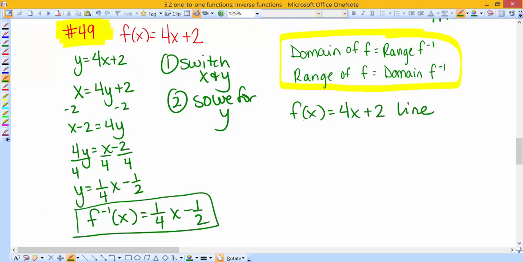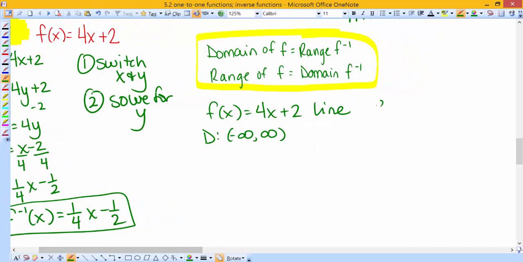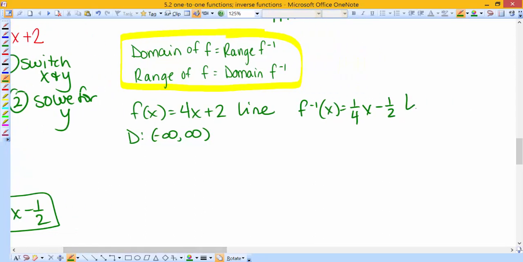This is a line, which means your domain is negative infinity to infinity. When I look at the inverse function, 1/4 x. Oh, that's also a line, which means this domain is negative infinity to infinity.